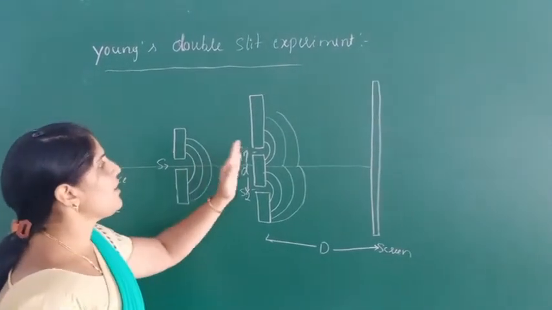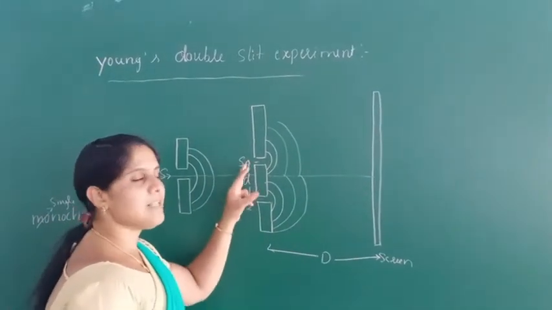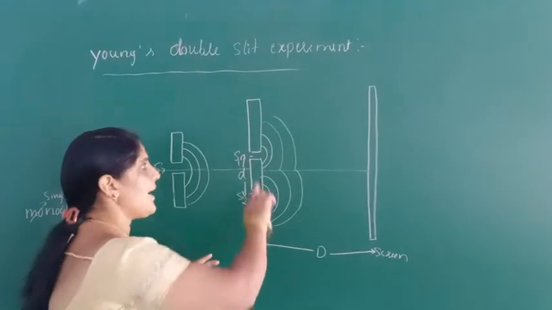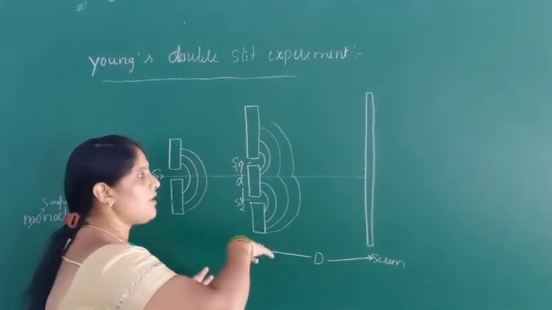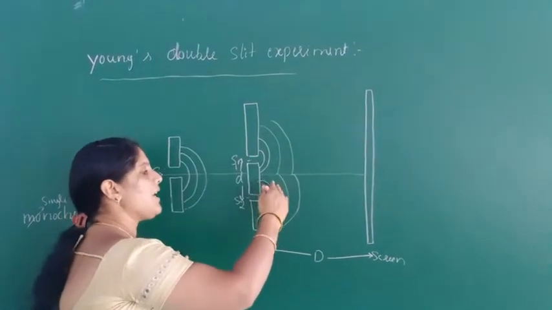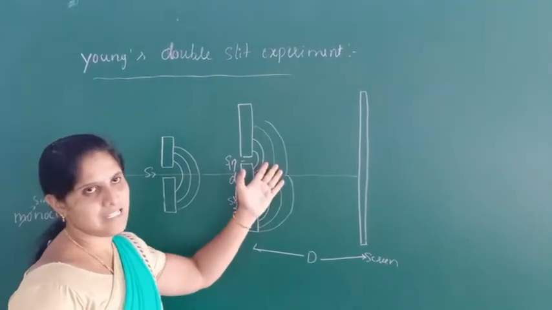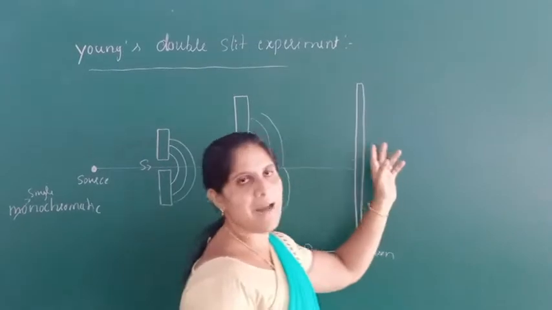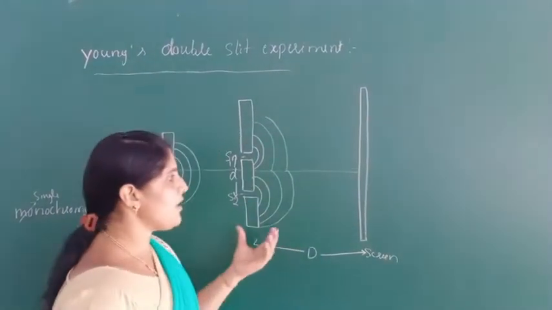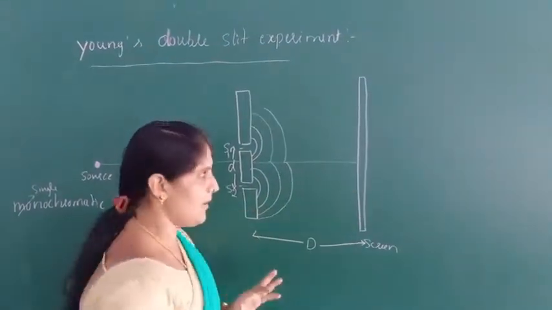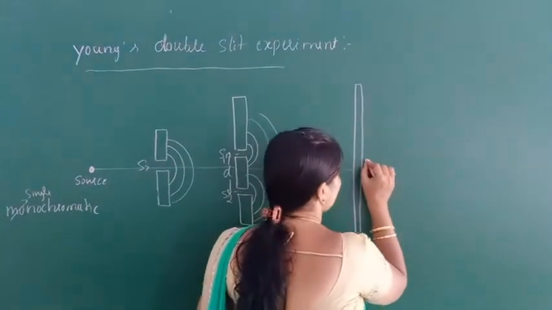These are incident on both slits, S1 and S2, and again spherical wavefronts are formed. After a certain period of time, these wavefronts superpose on each other and produce an interference pattern, which is obtained on the screen. So the interference pattern is like this.